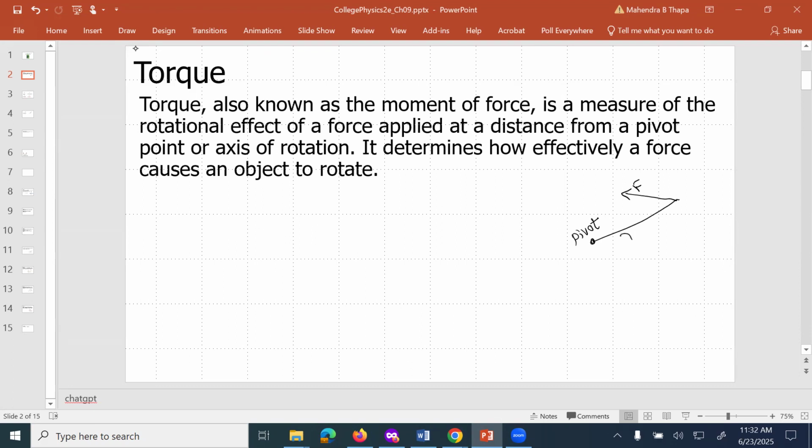and the angle between distance r and the object and the force F is theta.